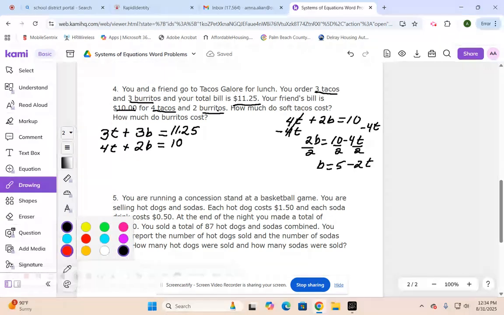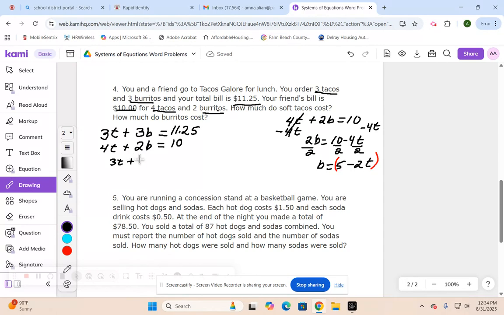Okay, we've solved it for B. And now we can use this in the other equation as a replacement for B. So I'm going to copy down the top equation again. We're using 3T plus 3B, but B is right here, 5 minus 2T. And that equals 11.25.